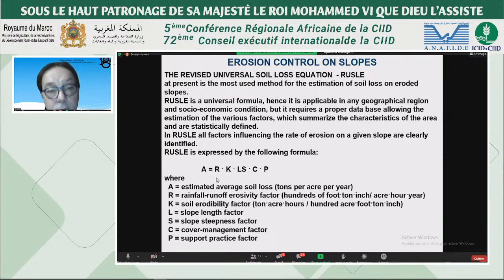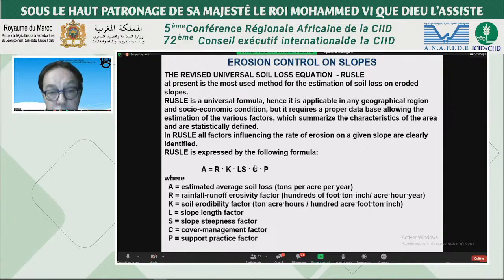L'équation : A égale R K L S C P, où R est l'érosivité et K est l'érodibilité, le facteur d'érodibilité, L est la longueur de la pente, S la pente, et P est le facteur de pratique de support.